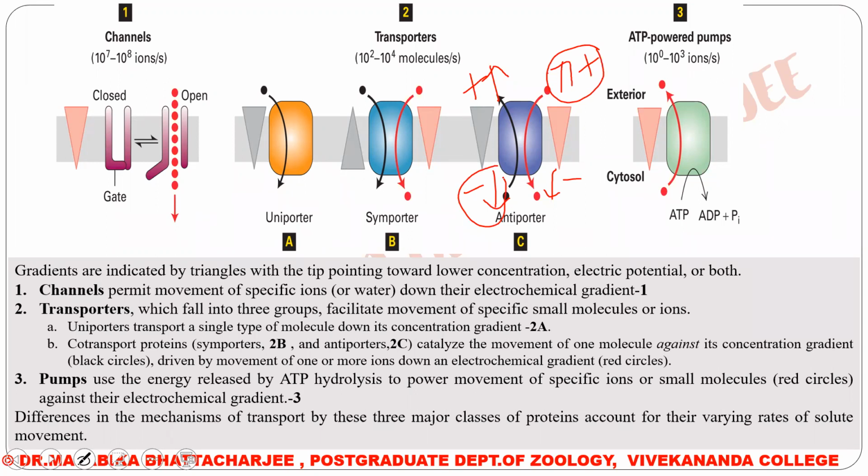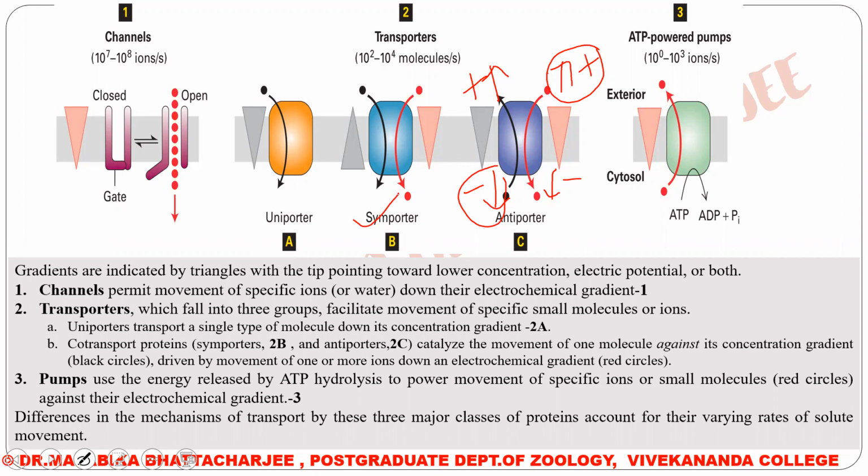So in most cases, in co-transport, in symporter cases also, it is often seen that one molecule is moving down the concentration gradient and one molecule is moving against the concentration gradient.